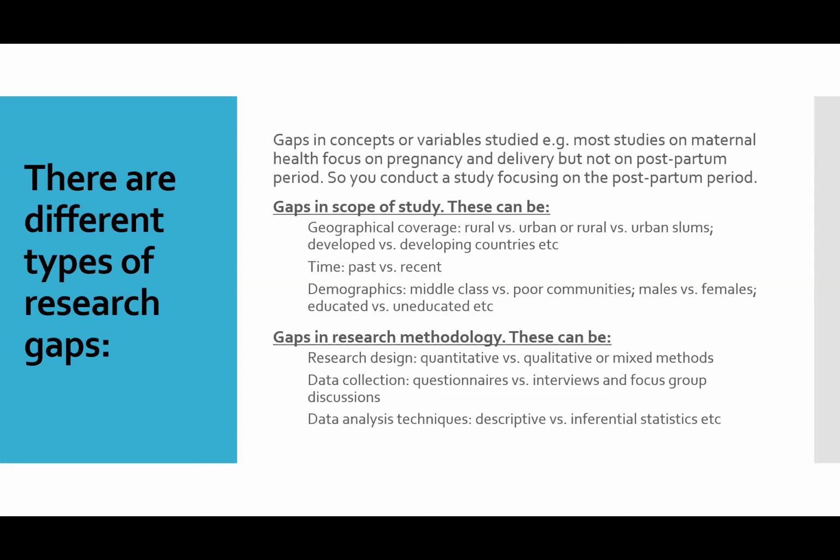And then of course another gap is time. What has been done 20 years ago? What will you do now in 2022? And then in terms of methods, there is research done using quantitative, qualitative, or mixed methods, and data collection. You can read these later.